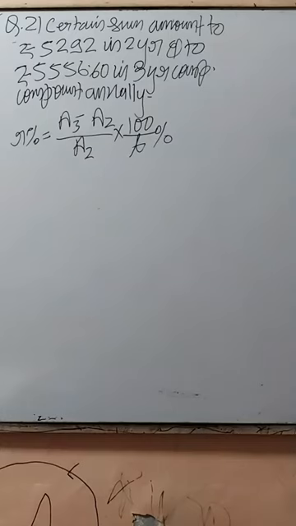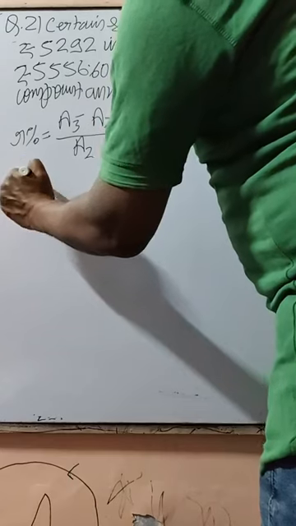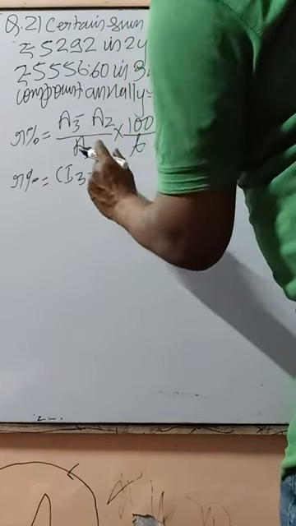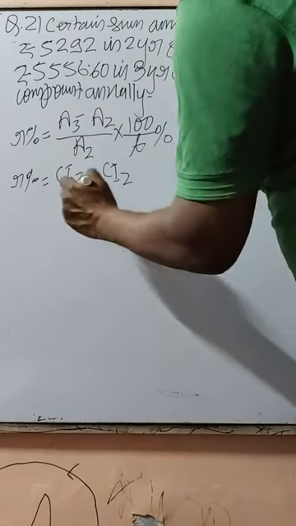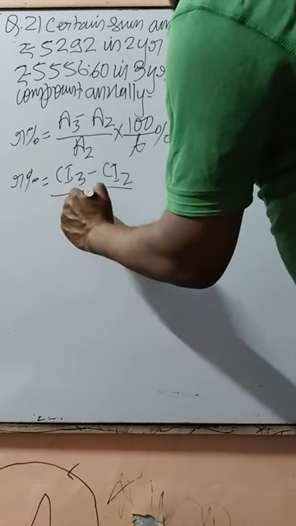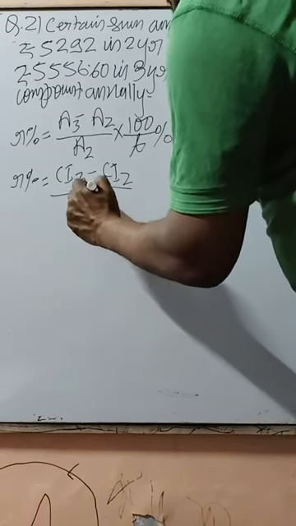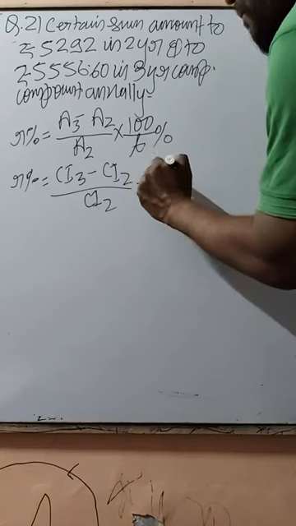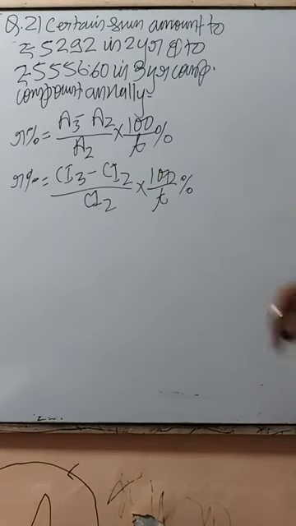That is, rate of interest is equal to (CI3 minus CI2) upon CI2 into 100 upon T%.